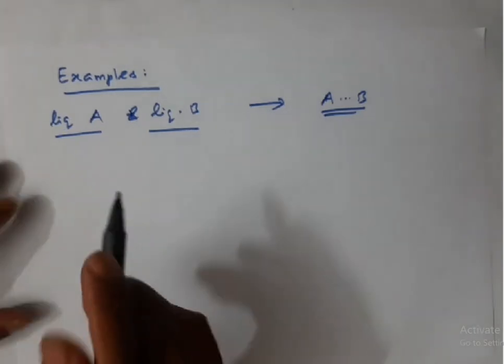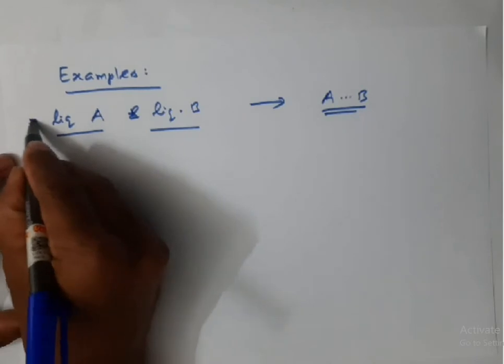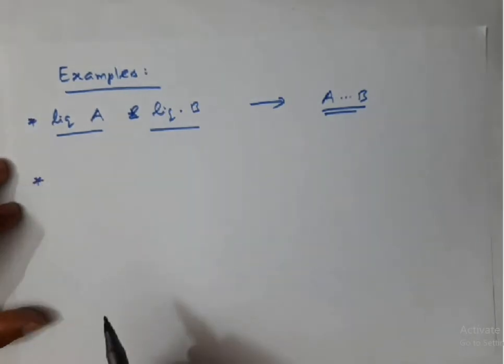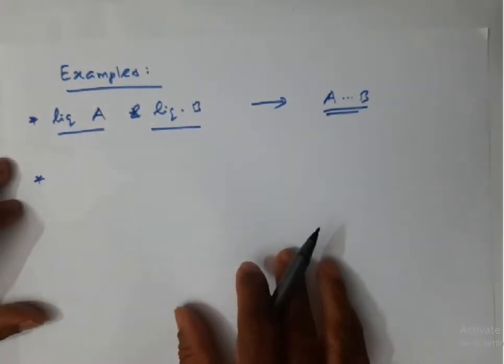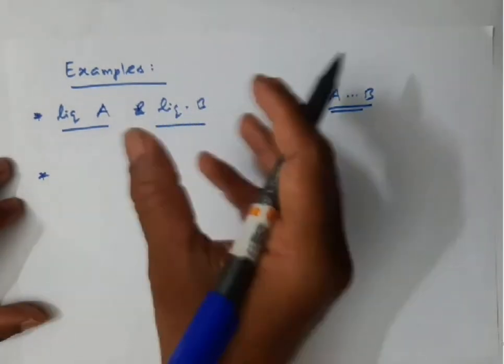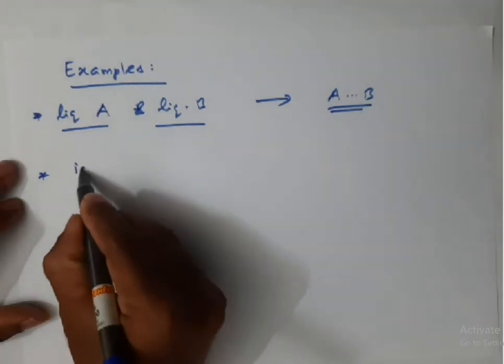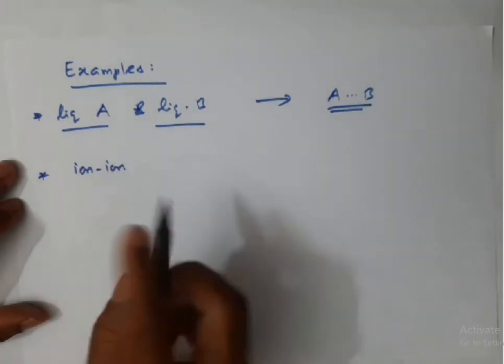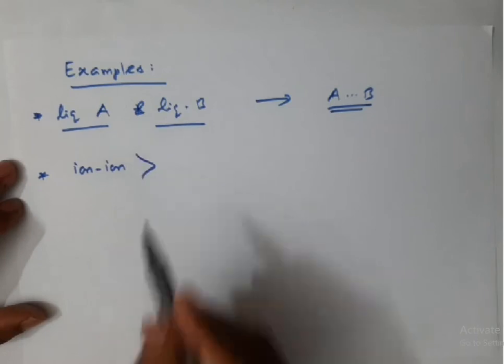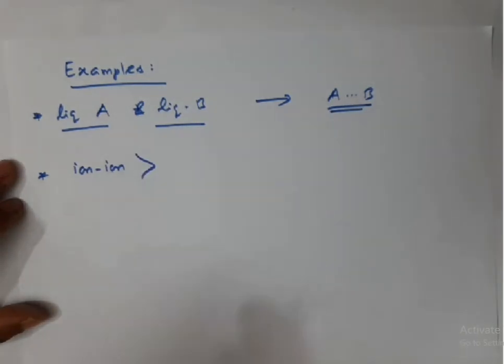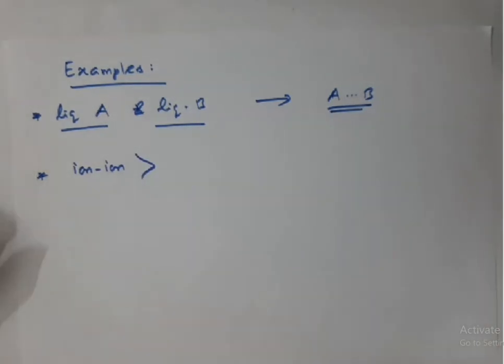So for this, what is required is you must know which force of attraction is stronger. You know very well, ion-ion attraction, students observe carefully, ion-ion attraction is very strong compared to all other attractions in general.